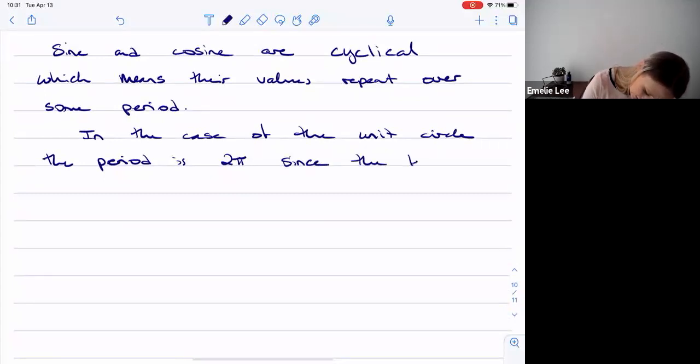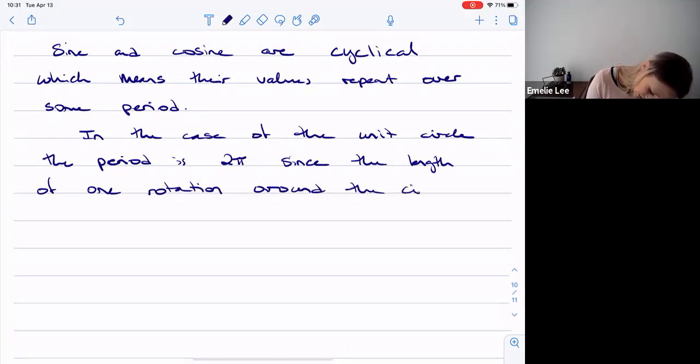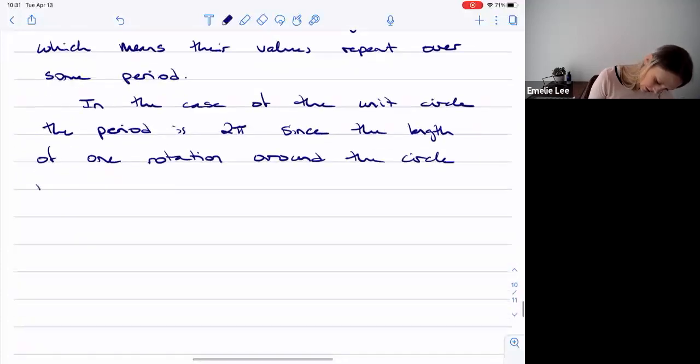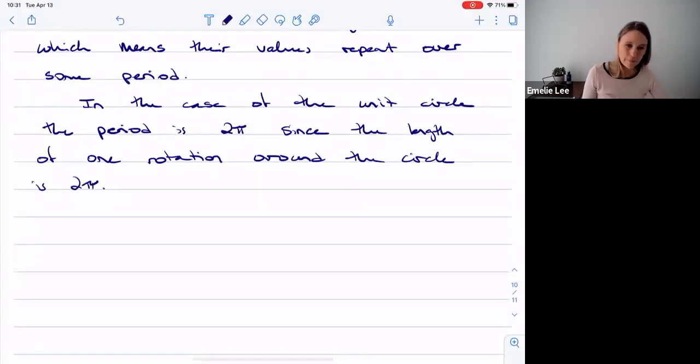Since the length of one rotation around the circle is 2 pi. Okay.